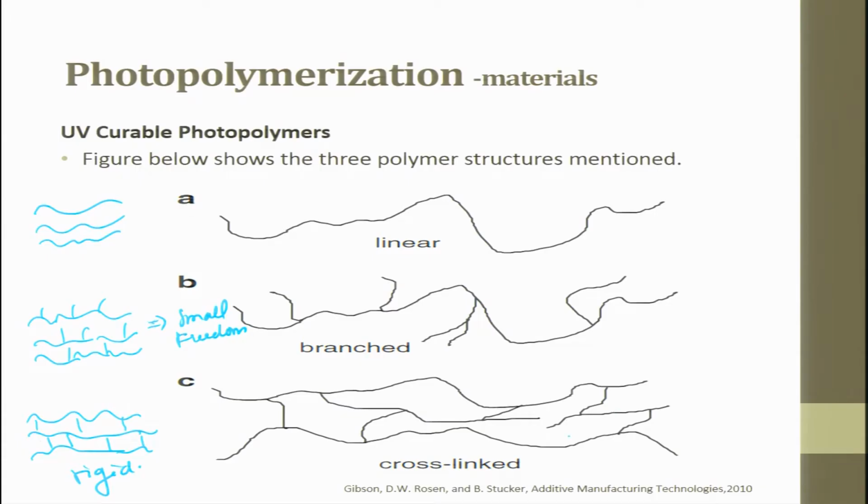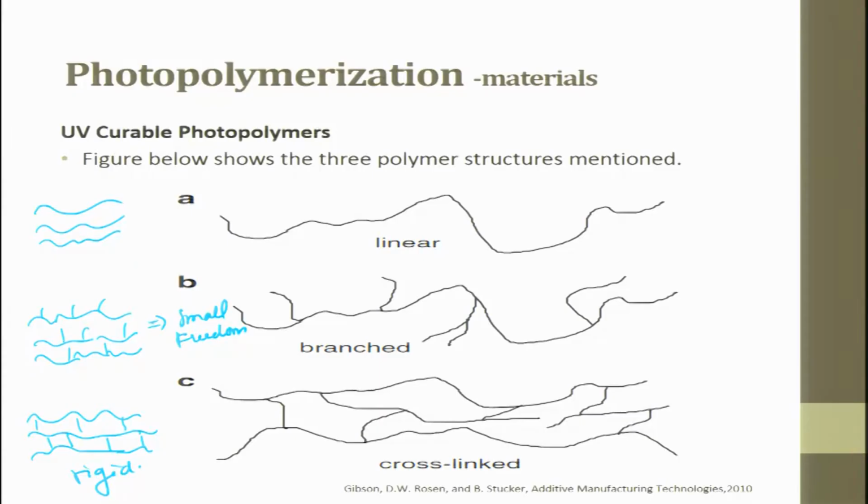Okay. So, this is the science behind photopolymerization. In photopolymerization, liquid polymer is used, and exposure to UV light converts a linear chain into a cross-linked chain, or a branched chain into a cross-linked chain. So, the mobility of the chains is arrested, so the strength increases.